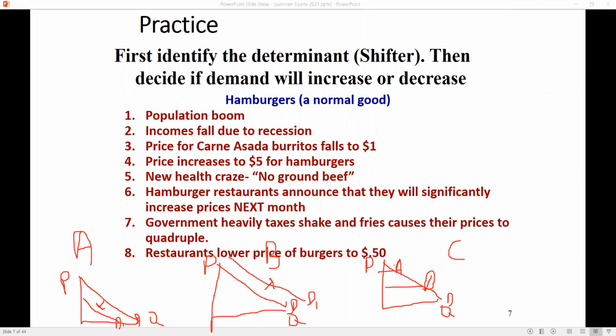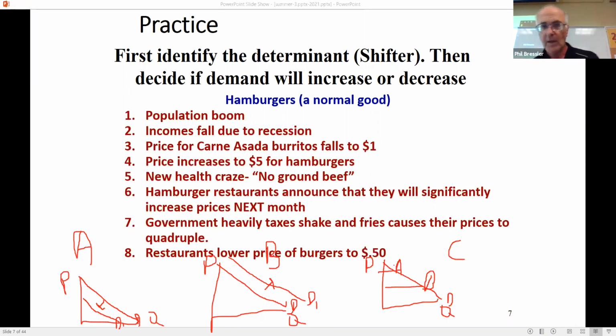What's it a change in the price of? Would it be related goods? Yes, it's related goods. It's a change in the price of a substitute. You could get a burrito or a hamburger, all right? And that would look like A again. Shifting to the left, arrow, D to D1, price and quantity on the axes.